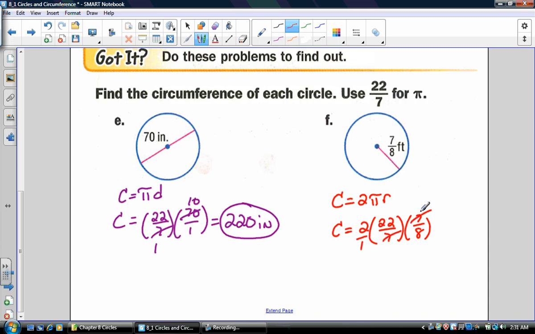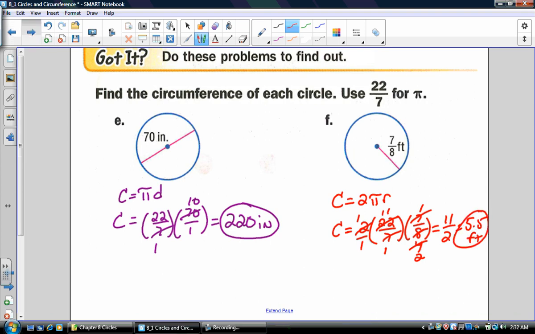Divide out those 7s. That becomes 1 and 1. Divide out this and this, that becomes 1 and 4. And then 4 and 22, we can divide out, that would be what? 2 over 11, right? It's going to be 11. That's going to be 2. So when we multiply numerator times numerator times numerator, denominator times denominator times denominator, we get 11 over 2, right? Which is going to be 5.5, right? And those would be feet.